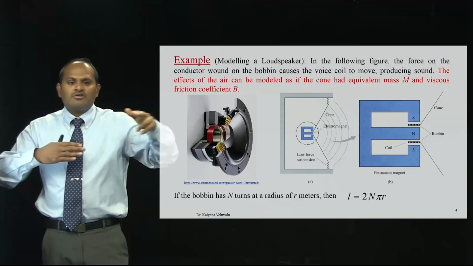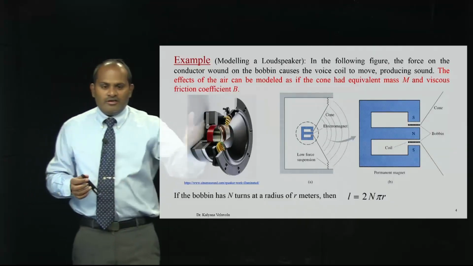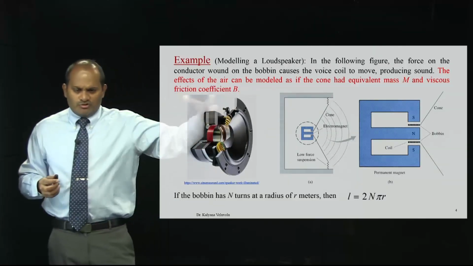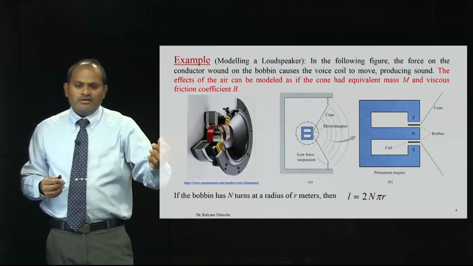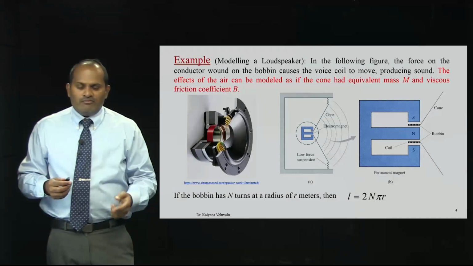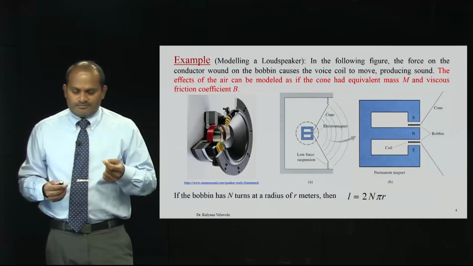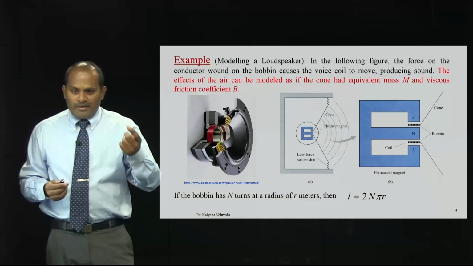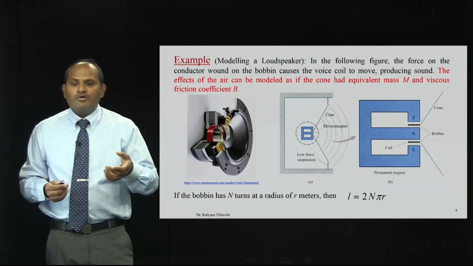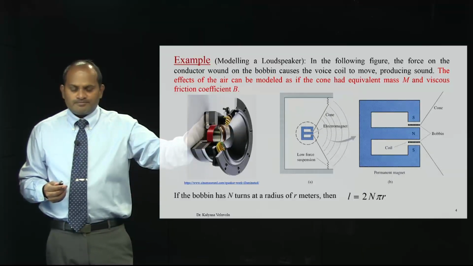These vibrations travel through the air and you can listen. The input is an electrical signal to the coil, and the diaphragm is the mechanical motion. When you place a conductor in a magnetic field, it produces mechanical motion. So, that is the working principle.